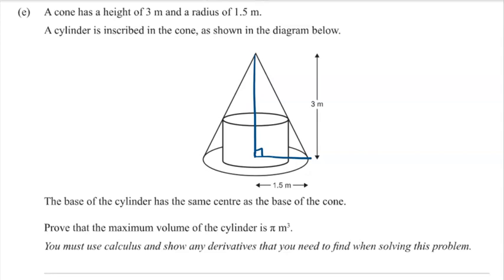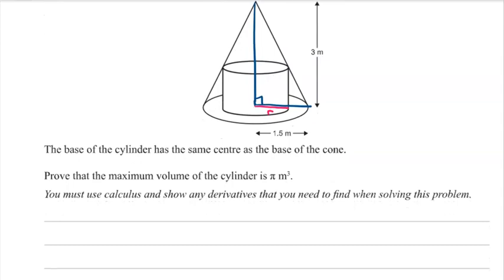And I'm going to use r as being the radius of the cylinder. And then the rate that we're looking at maximizing is dV by dr. So we need a way to work that out. We need to be able to set that equal to 0 to find the maximum it could be. So to do that, we need a formula that links V and r.